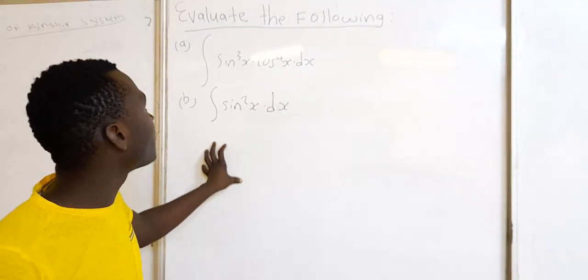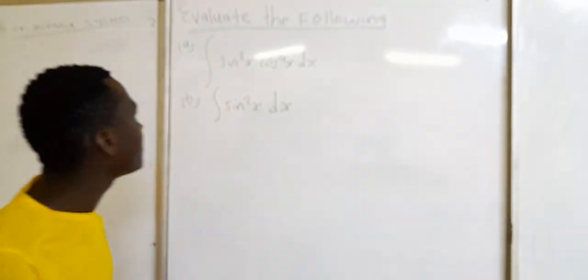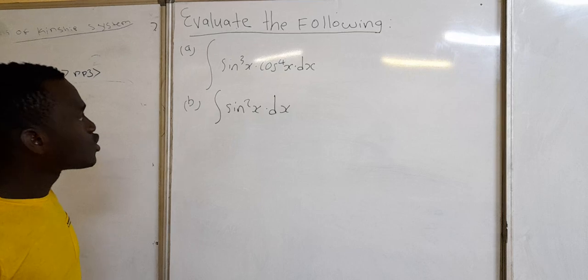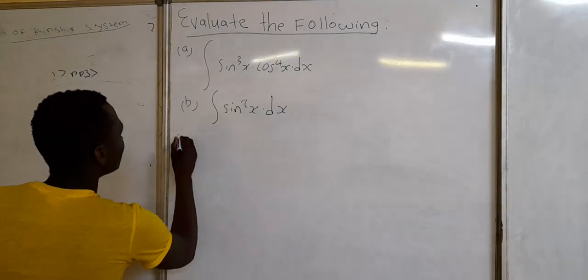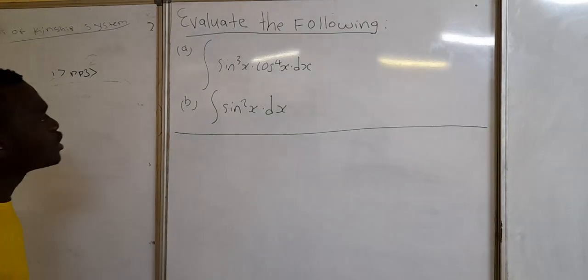Okay, as you can see on the board, I wrote a few problems: evaluate the following integrals. I want to show you how to integrate this and how to integrate this.